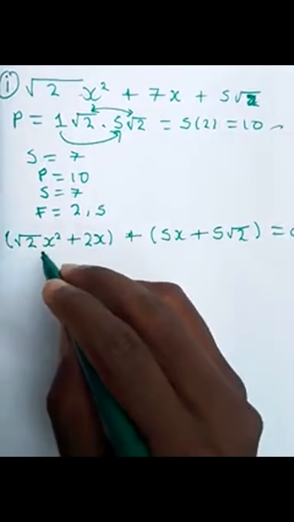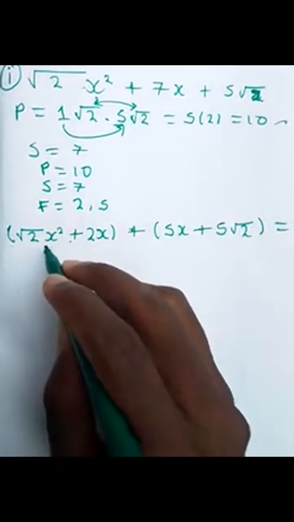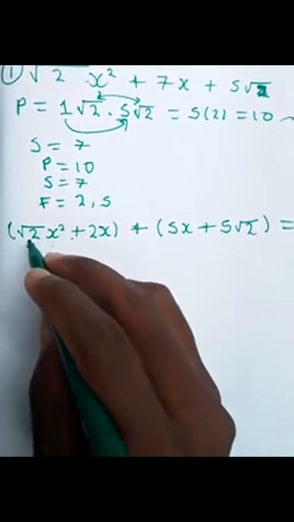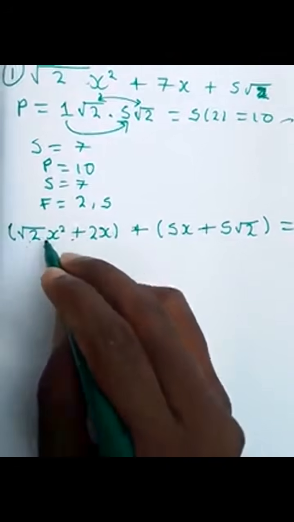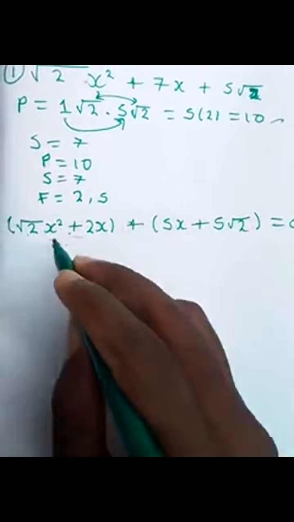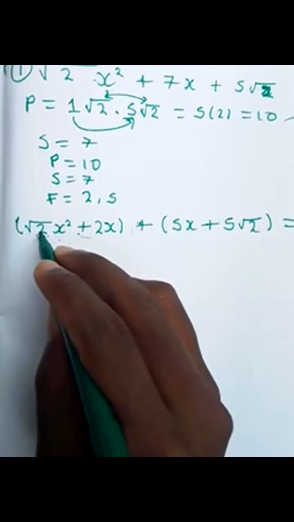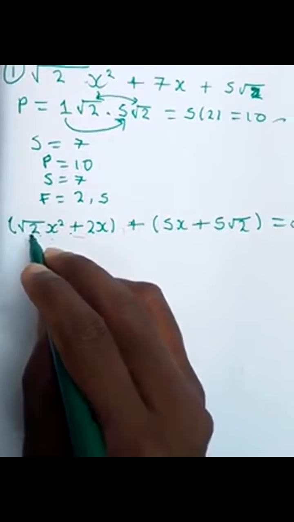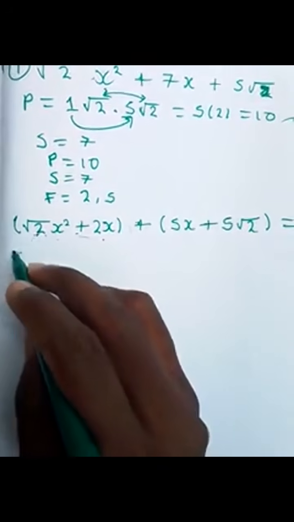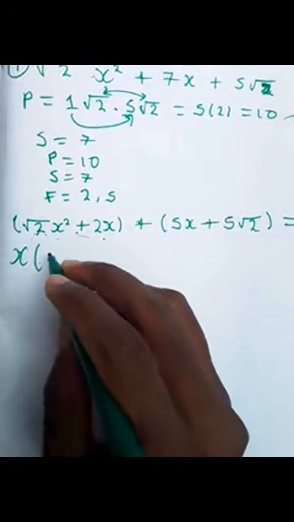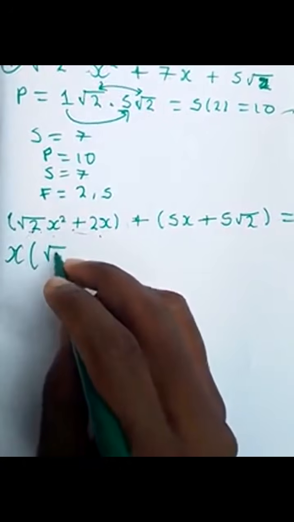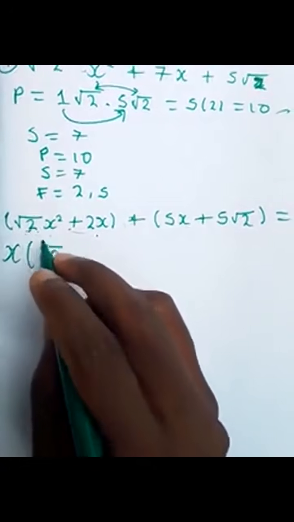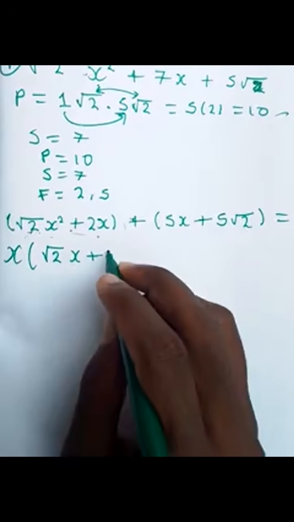Now pay attention. After grouping, you factorize each group, this part and this part, by asking what is in common, what is found on both sides. x is in common here, right? You factor it out. If we factor out x, what remains is square root of 2x plus 2.